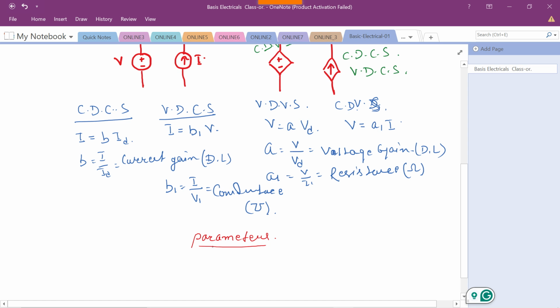In these parameters there is a resistance, inductance, and capacitance.